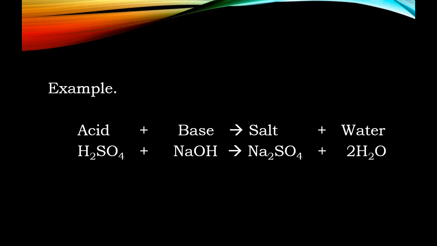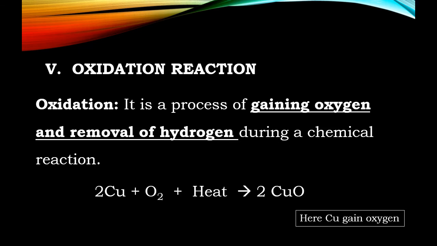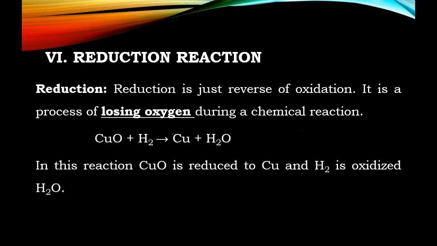The fifth type of chemical reaction is oxidation reaction. Oxidation reaction is a process of gaining oxygen and removal of hydrogen during a chemical reaction. As we can see here in this example, we have copper plus oxygen will give us copper oxide. Copper here gains oxygen.